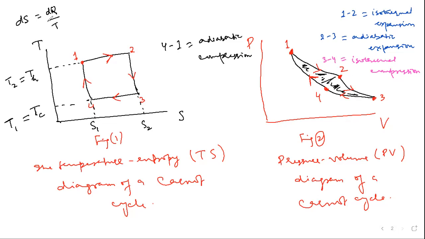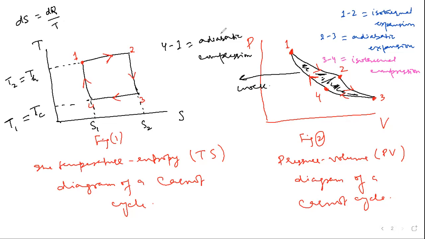Here, what is the area under the curve? You can see area will be just TdS, and that will be the heat put into the system or heat released by the system. So here, area has interpretation of work.